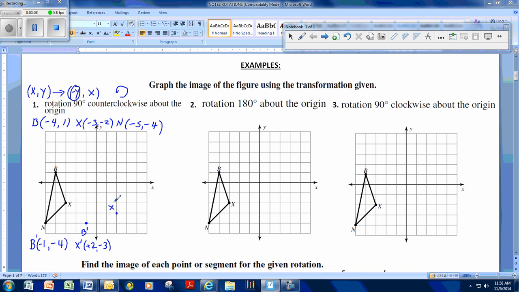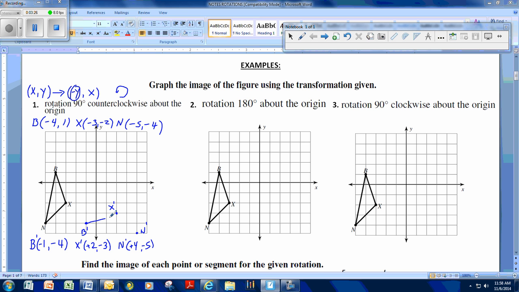That's X prime. And N prime, again, I'm going to switch the numbers, so it's negative 4, negative 5. And I'm going to switch the sign on the original y value, so that becomes positive 4, negative 5.